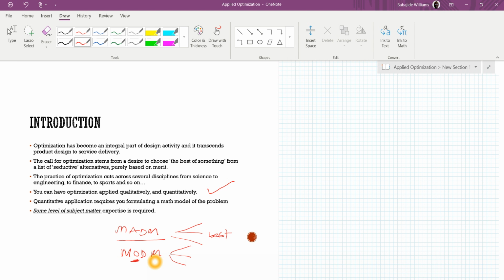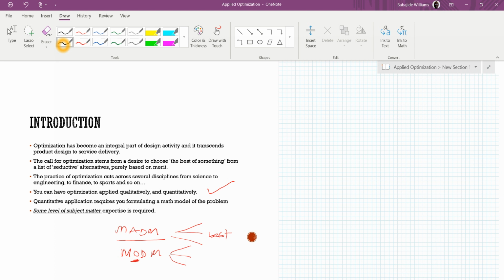Let me say that you need some kind of subject matter expertise to be able to work out some optimization problems. For example, if I give you an optimization problem in mutual funds and you're not business oriented, you might find it difficult. So you need some grounding, some understanding of some areas before you can apply an optimizer.